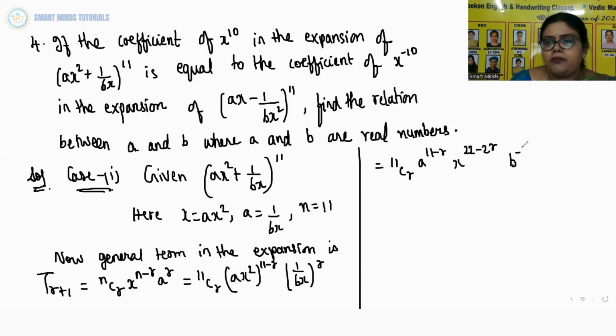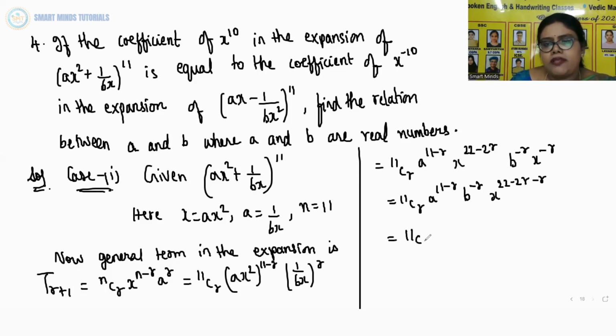And b power minus r, I am bringing bx to the numerator. So b power minus r x power minus r. So that is 11Cr a power 11 minus r b power minus r, and both the powers of x we can add. So x power 22 minus 2r minus r.